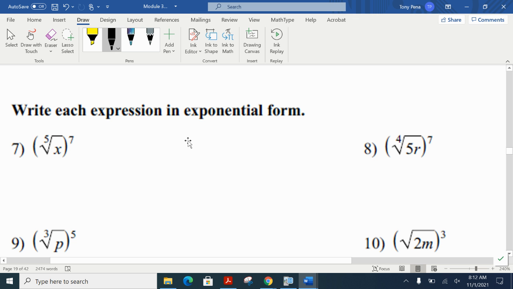All right, now let's see if we understand that. Do the opposite. So if I now have a 5th root, and it's raised to the 7th power, what would that look like if I put it as a fraction? So now rewrite this in fraction form. What would it have looked like before?